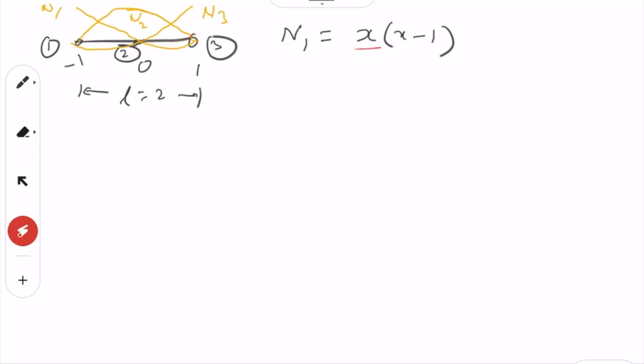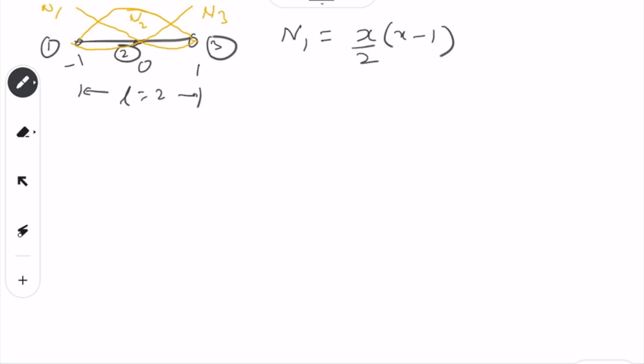If we put x equal to 0, N1 becomes 0; if x equal to 1, N1 becomes 0. However, at minus 1 you should get value 1. So minus 1 multiplied by minus 2 equals 2, hence we have to divide by 2.